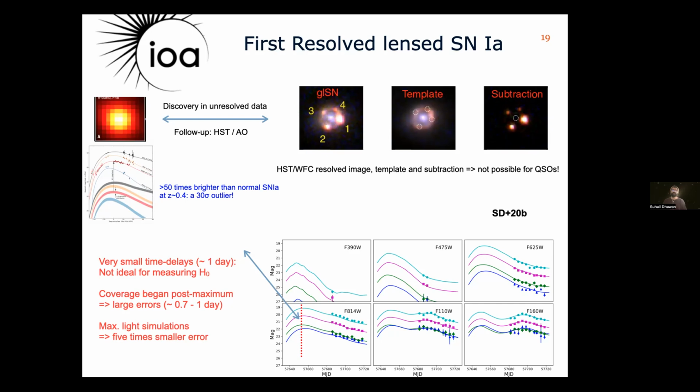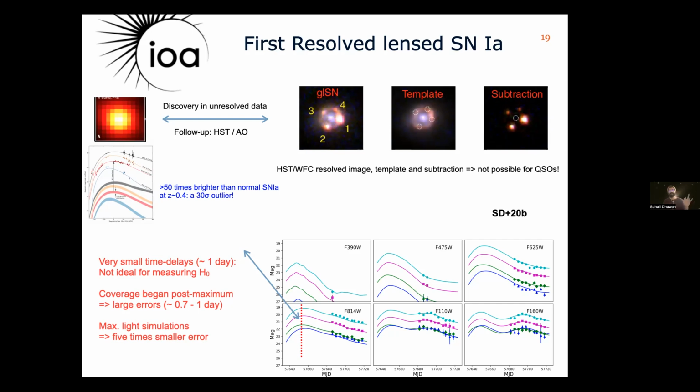The other interesting thing about lens supernovae is that they fade away, unlike quasars, which are persistent sources. So in the template, we actually only get the host and lens. So we can have a complementary check of the lens model without the transient source in there. The light curves here are going from the UV to the IR.